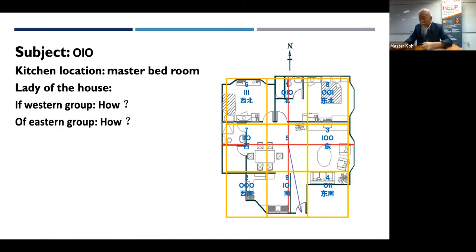Now location of the master bedroom. Now we got to think about lady of the house. We don't know yet. So therefore, the Western group is the kitchen, the bedroom suitable? In this case, we don't know unless we know if the lady of the house is West group. Yes. If it's Eastern group, then no. Because the main subject, this person, is already a 010, which is Eastern group.